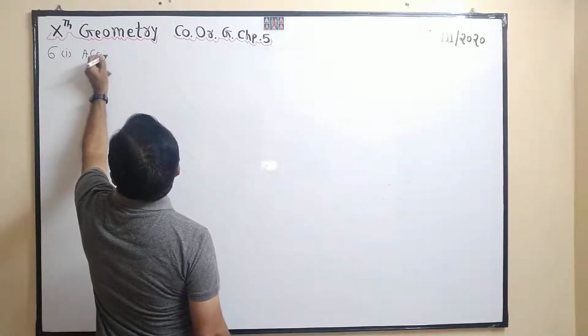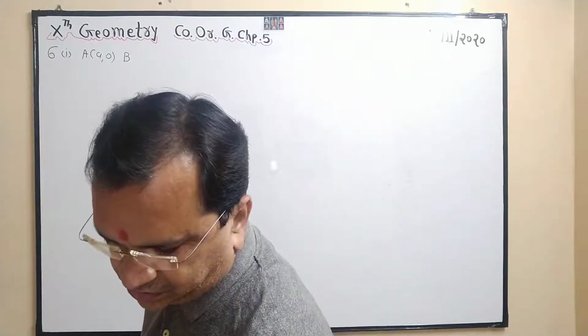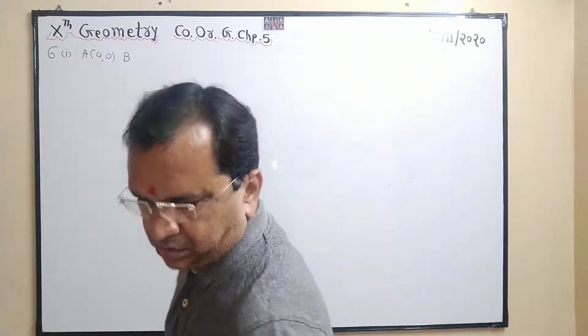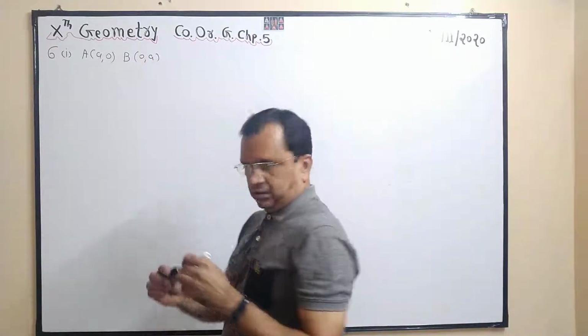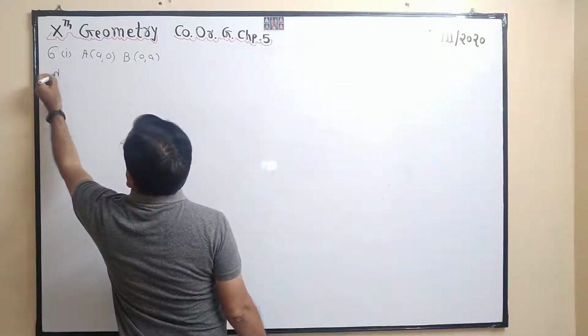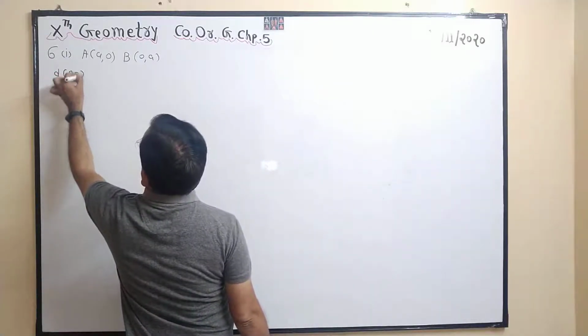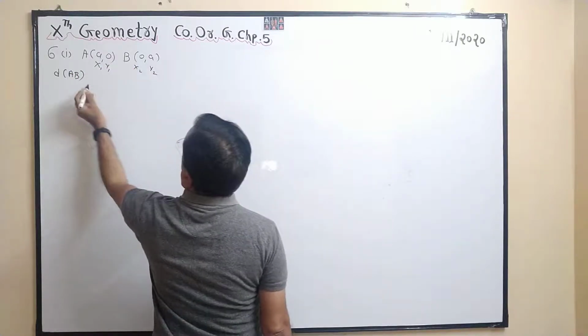A is (a, 0), B is (0, a). Distance AB, this is x1, y1, x2, y2.